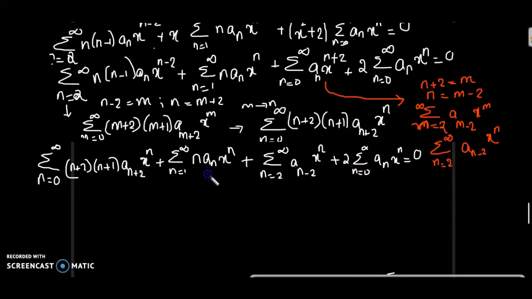What is the problem here? One term is missing: it doesn't start from n equal to 0 but starts from n equal to 1. That is, one term is less here. Here two terms are less, that is, n equal to 0 is missing and n equal to 1 is also missing. So this is the shortest summation series and these two are the largest ones. Now we are going to convert all the summations to the shortest one.